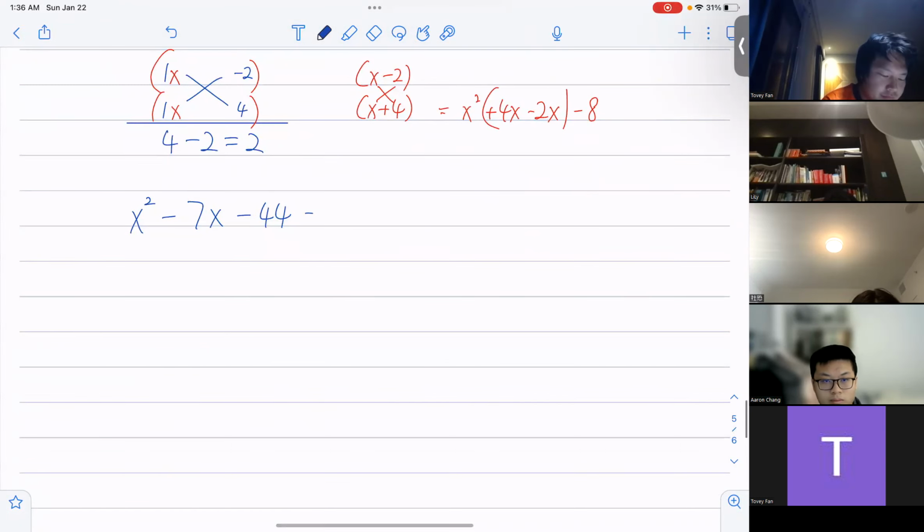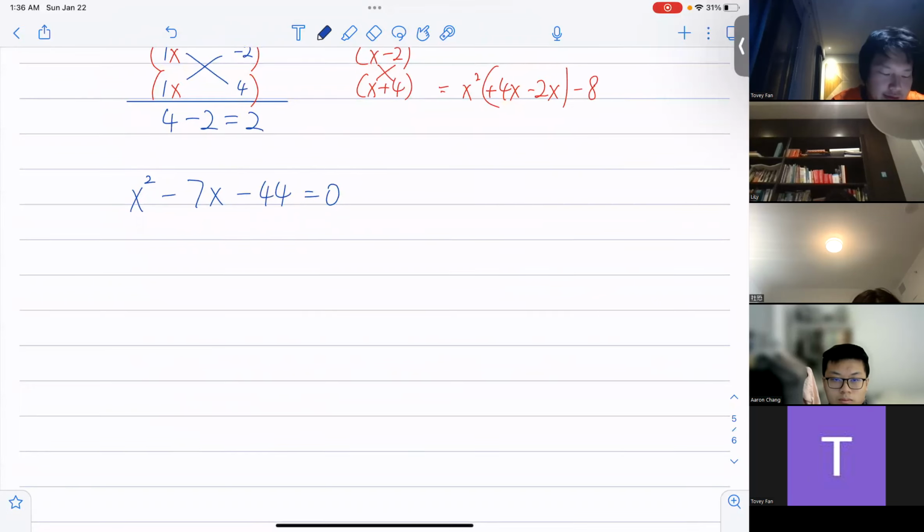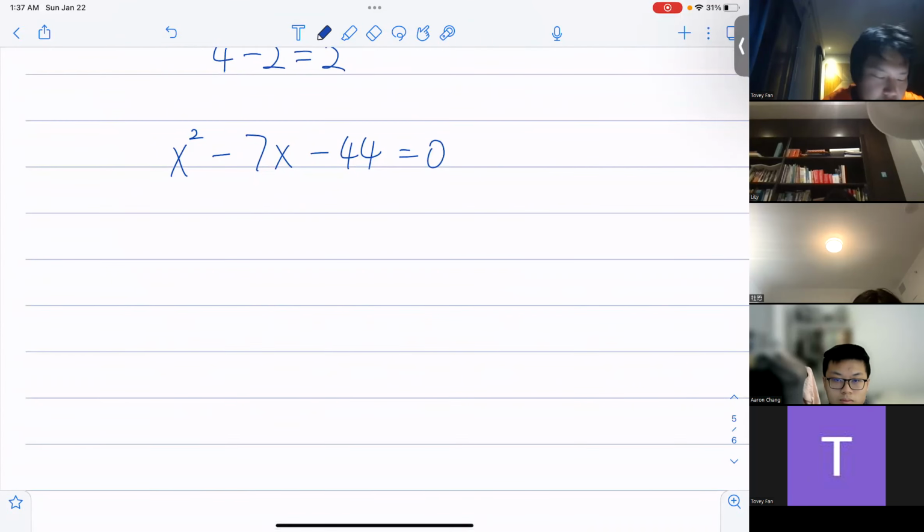Again, the first two numbers should have a product of this, that's 1, so we just have 1 and 1. The last two numbers should have a product of -44.